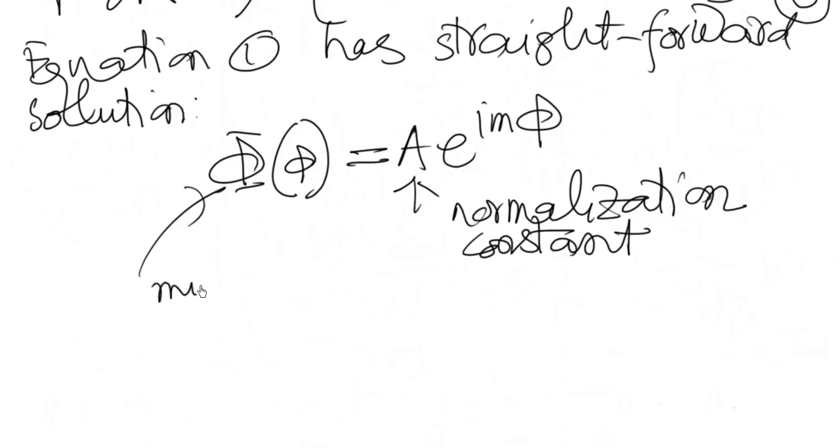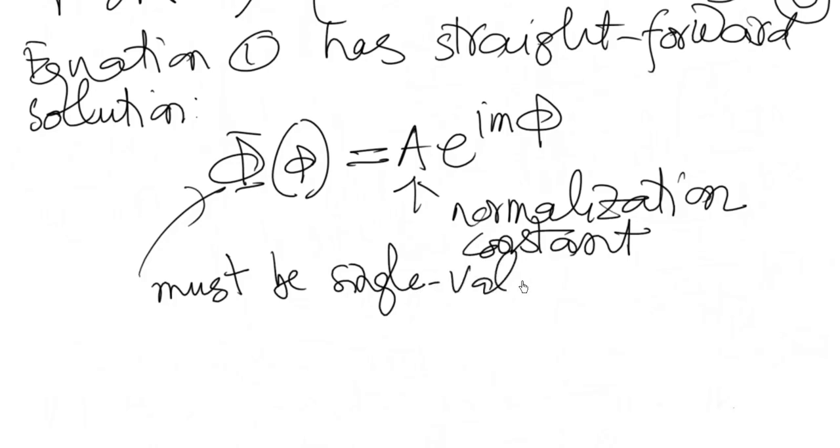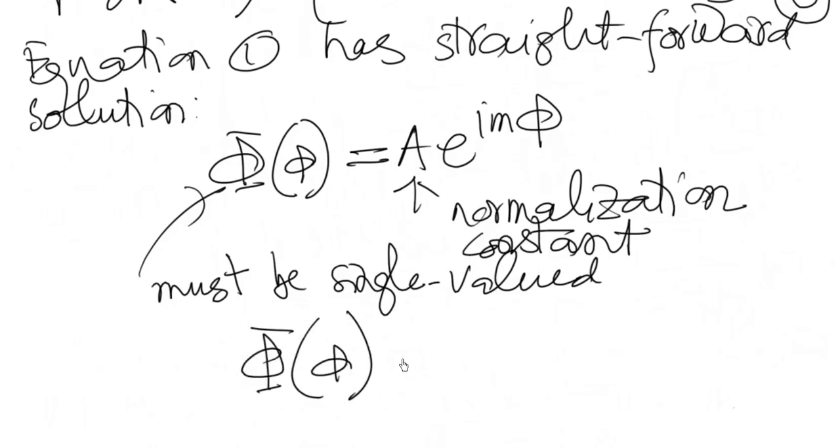This must be single valued, since Phi of phi is equal to Phi of phi plus twice pi.